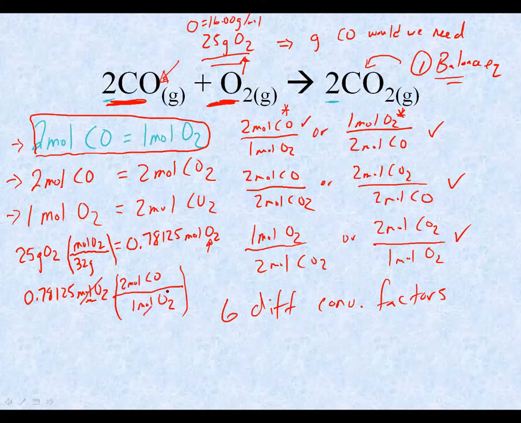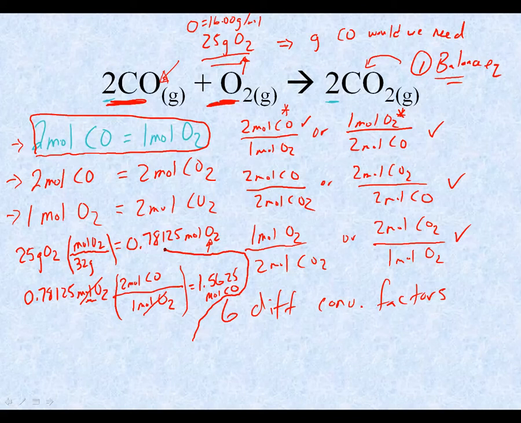That is going to cancel out the moles of O2, and we will end up with 1.5625, again I'm not rounding yet, moles of CO. Just going to put a little line between all that. Any questions on that so far? So that is the stoichiometry part of the calculation.